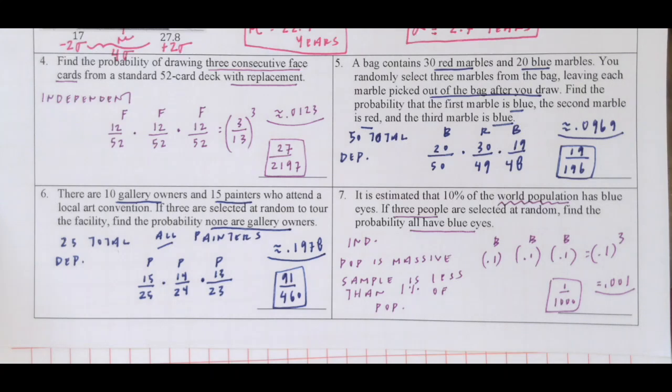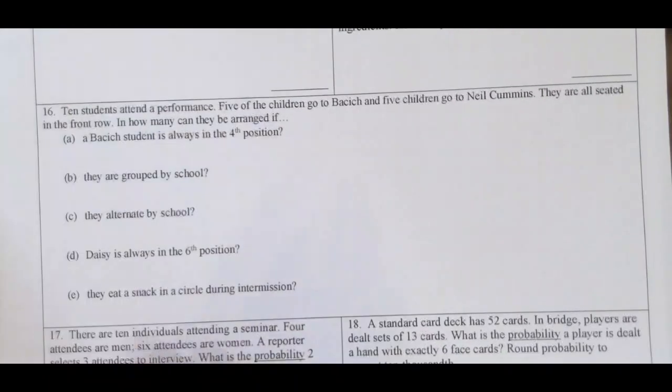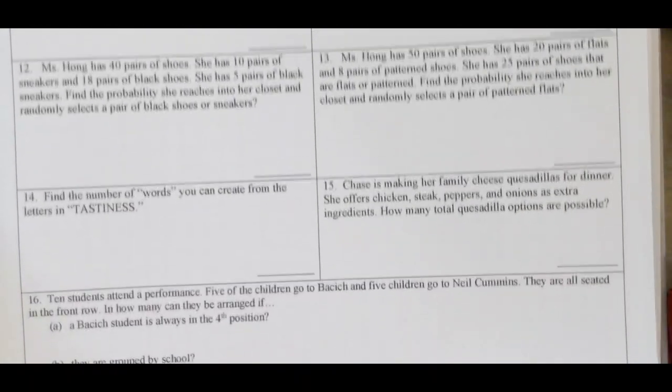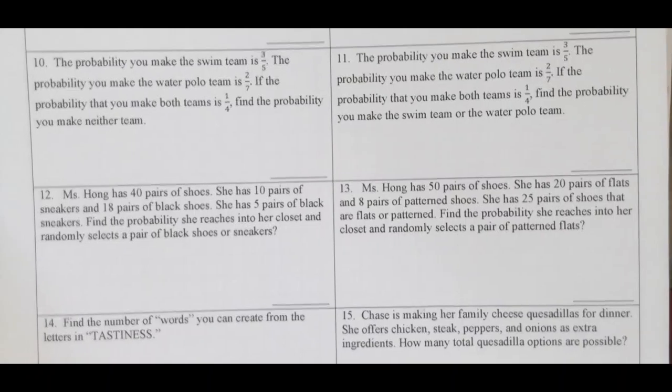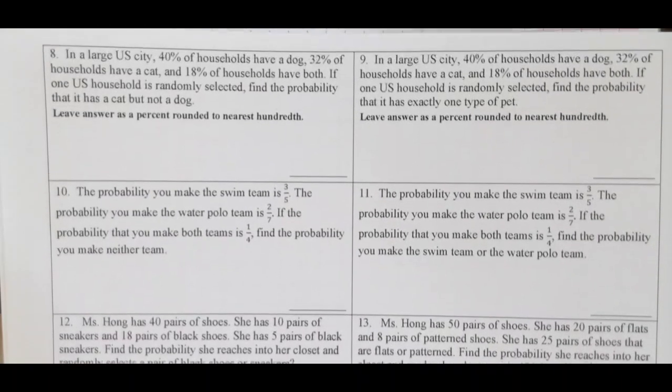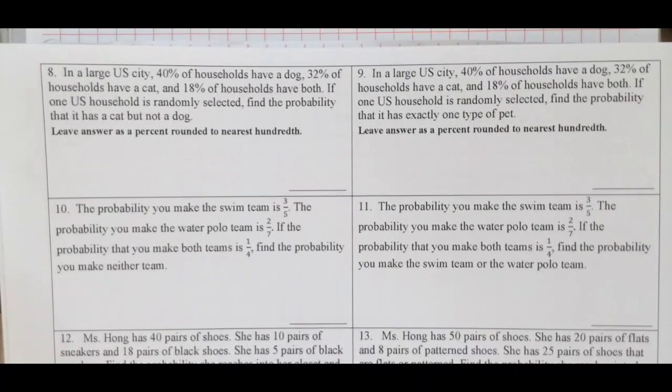We're looking at back-to-back-to-back events. Okay, this next batch, we're looking at disjoint and overlapping events. If you like a visual, then I would say draw a Venn diagram. You do not need to use one.